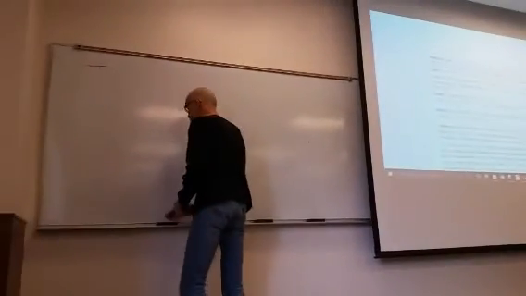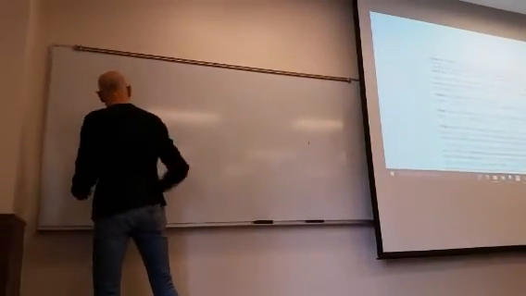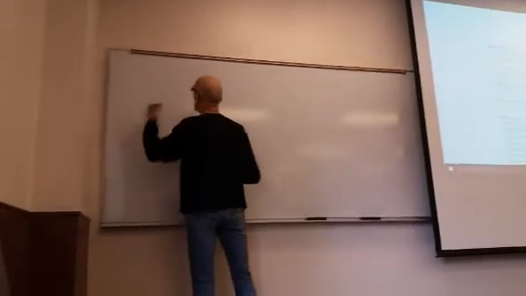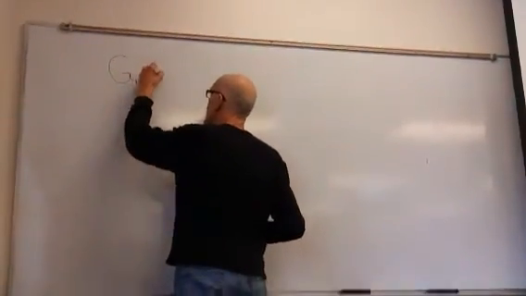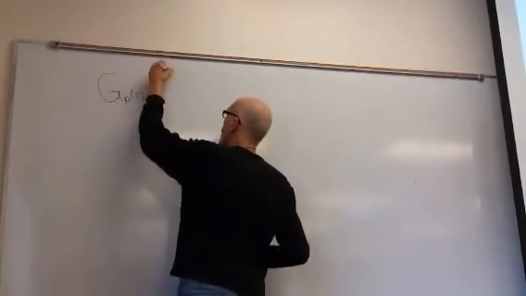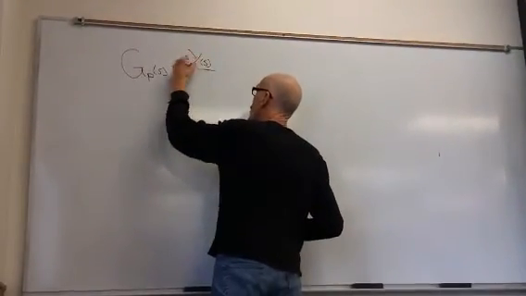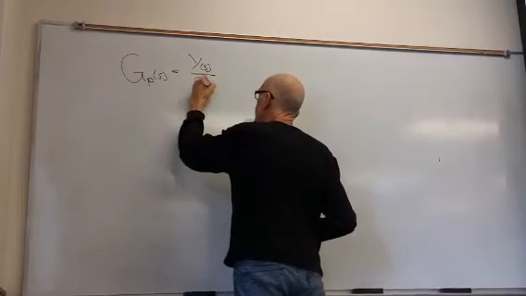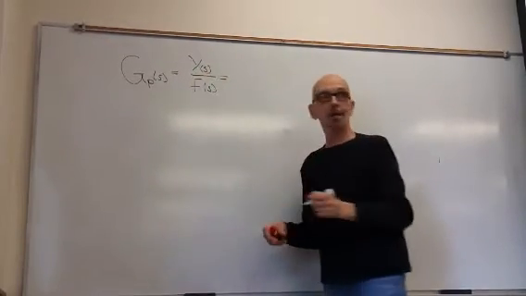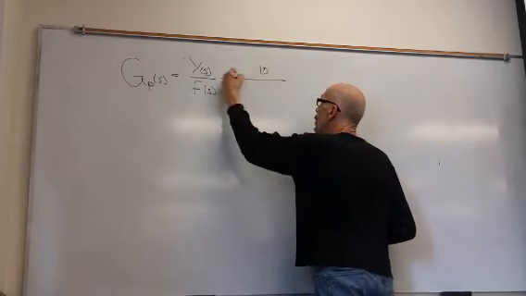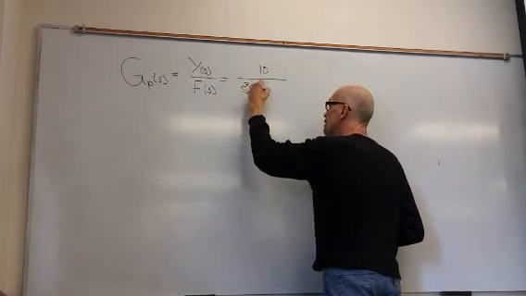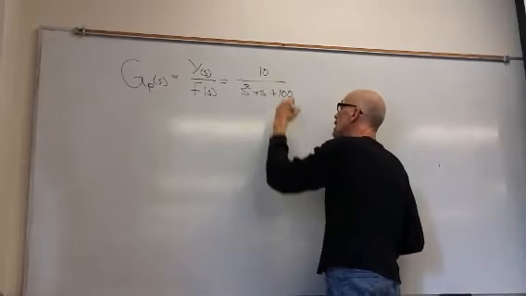Some of you might have picked up that the plant for the wing, GP(s), which is the displacement Y(s) over the force input F(s), was equal to 10 over s squared plus s plus 100.